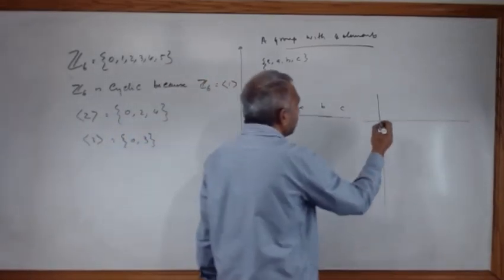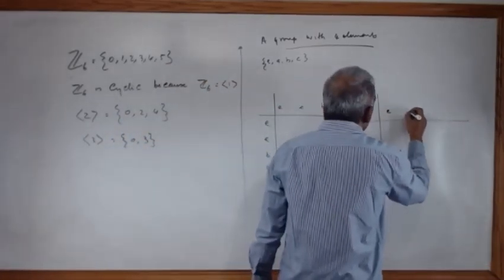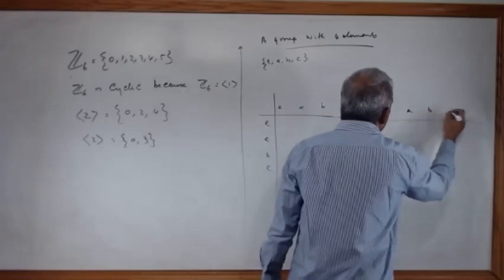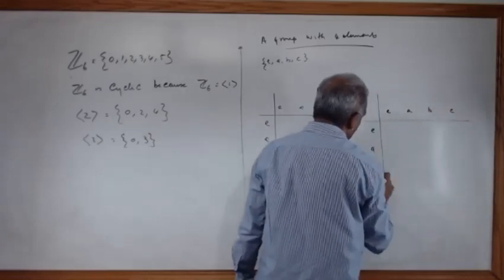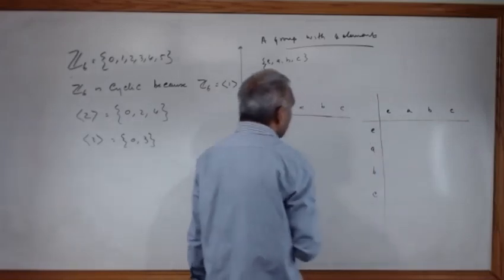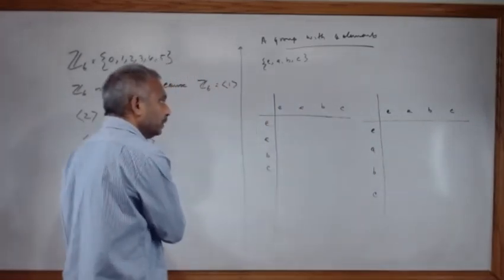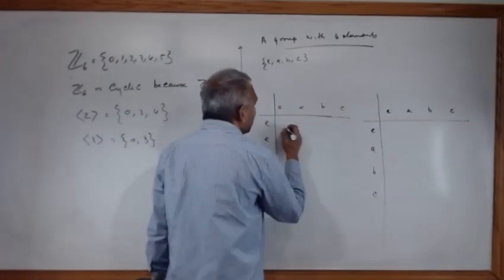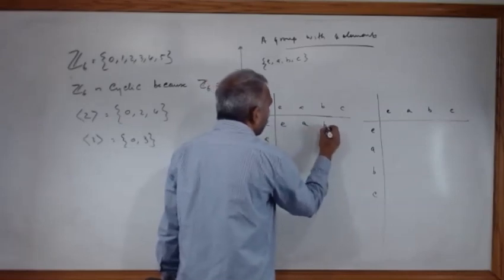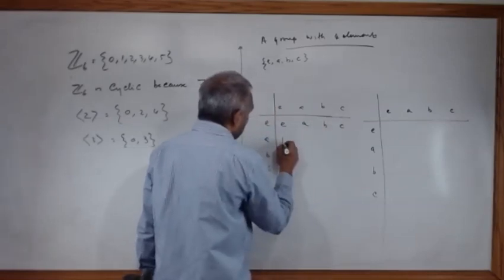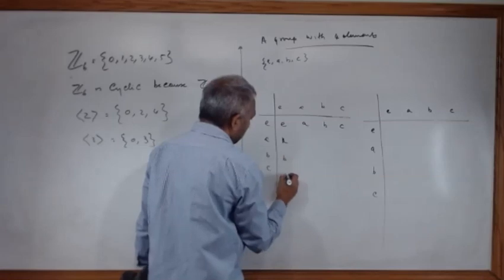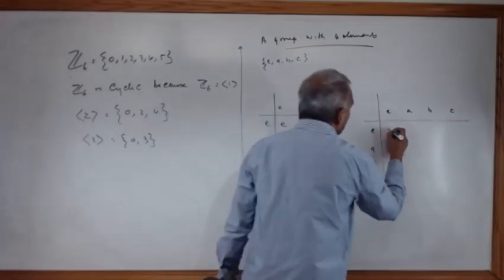Like that here also, E, A, B, C, E, A, B, C. When you fill up this table, this line is exactly the same as this.